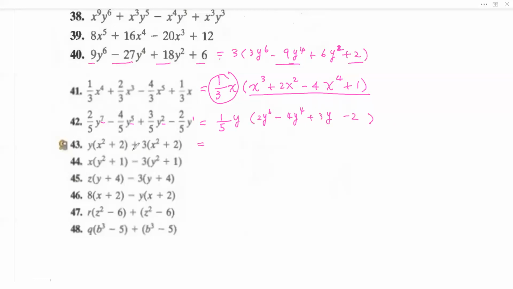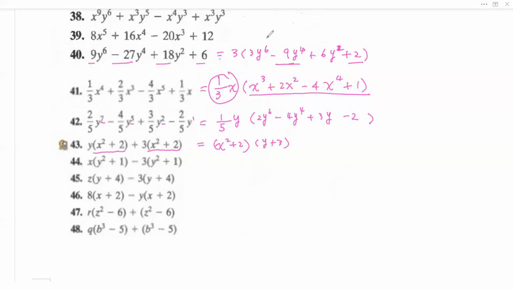And 43, you can see this is actually going a little bit further. You can see this is a binomial, and they are common. So this part we can take out first. This is the common factor of this expression and this expression. So the rest is y plus 3.